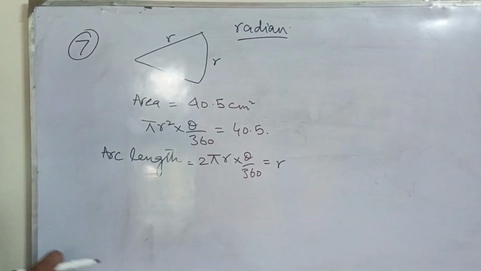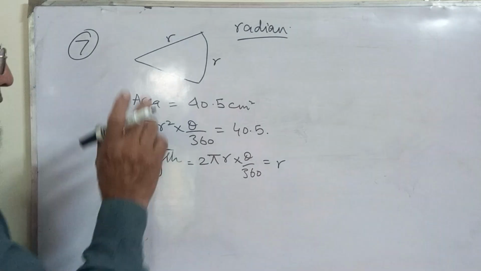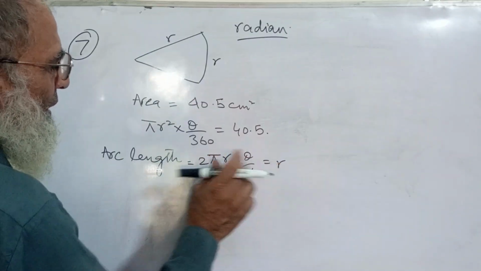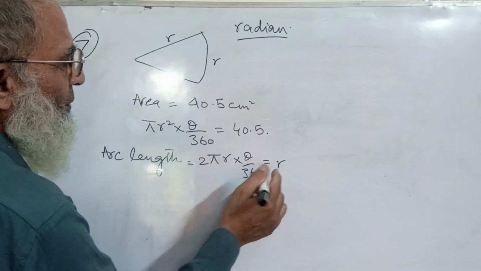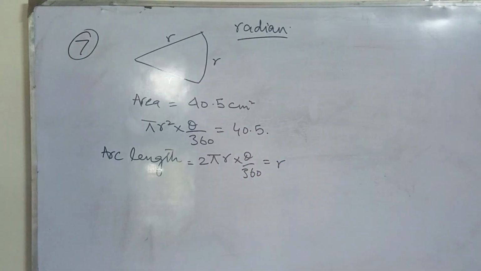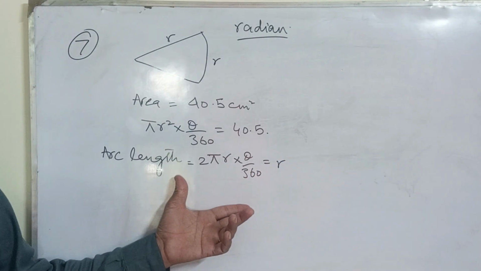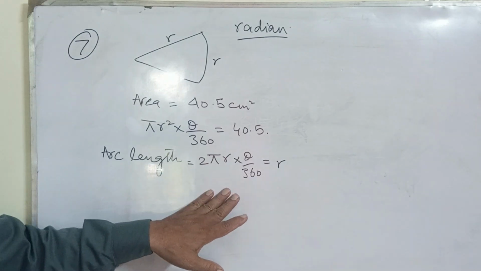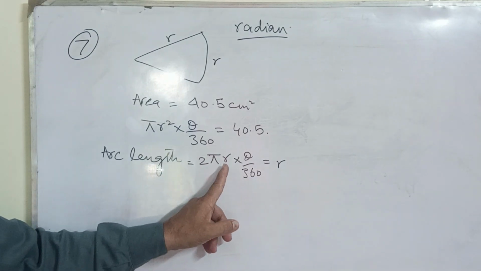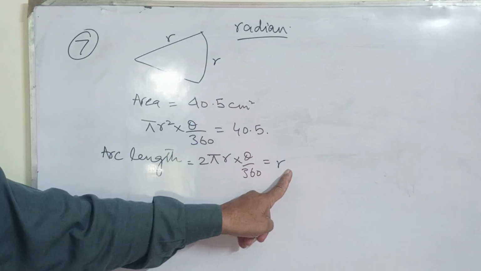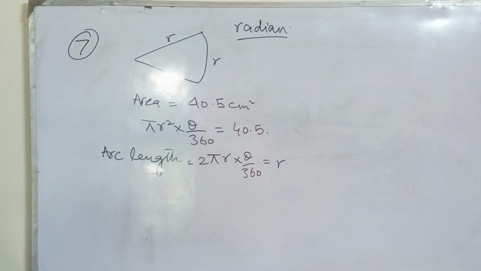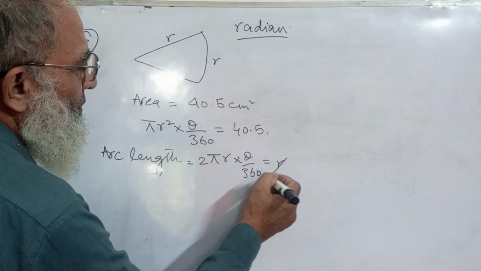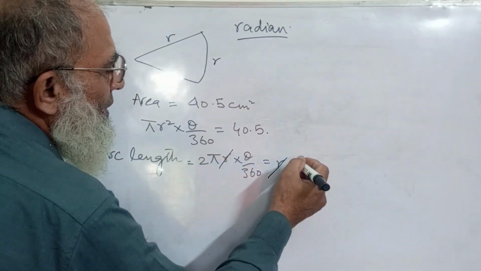So let me now calculate from here. I can calculate one of the quantities because this is r and this is r. When r is on opposite sides, you can cut it.